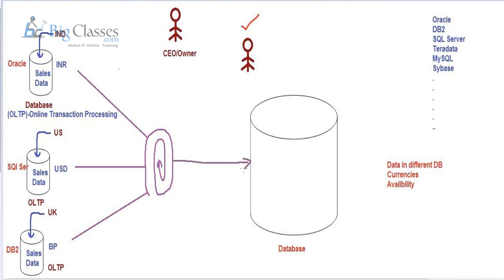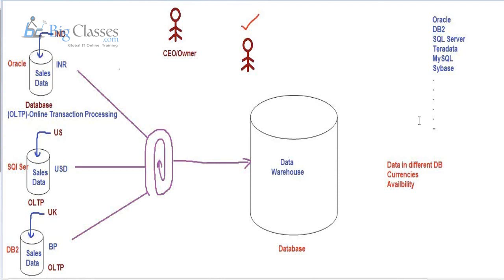The name of the new database that we are going to design is nothing but data warehouse. We're going to call this new database data warehouse. The reason is simple: warehouse is a place where we can store a huge quantity of goods and all.